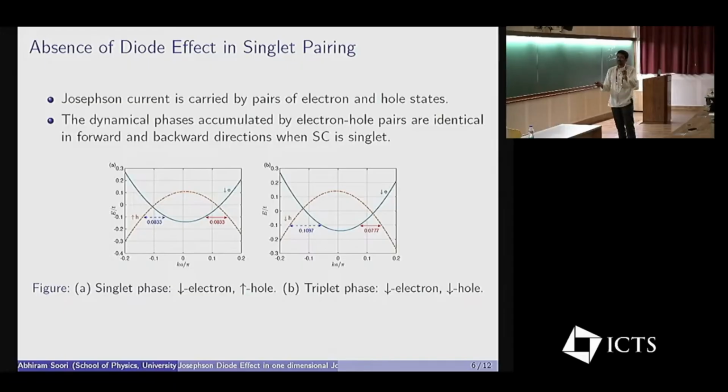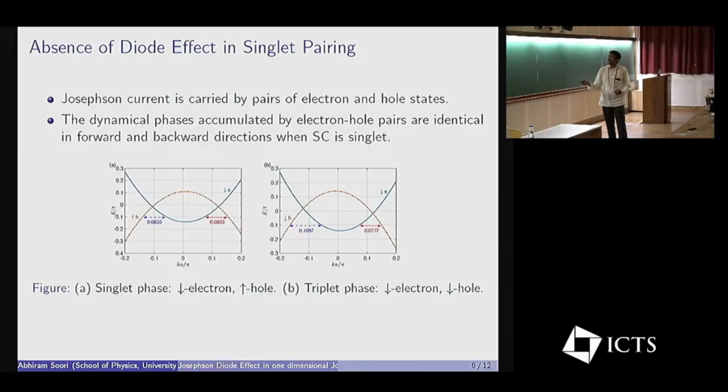A downspin electron moving right gets converted into an upspin hole upon reflection, and the phase picked up in one back and forth reflection for states carrying current in the forward direction, that is this, is basically this k minus the other k into the length. The phase picked up for the processes that carry current in the forward direction and the same thing for the backward direction are exactly equal for these two sets of processes. So that's why when there is a singlet pairing, the Josephson diode effect doesn't show up.